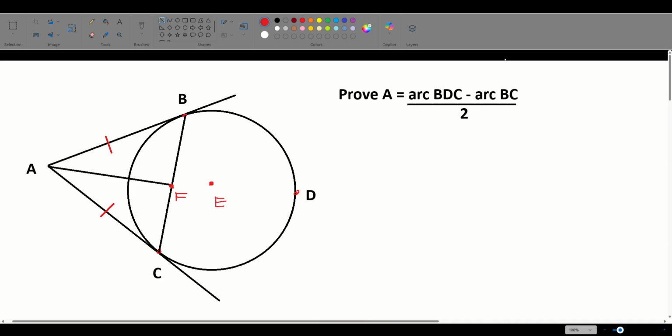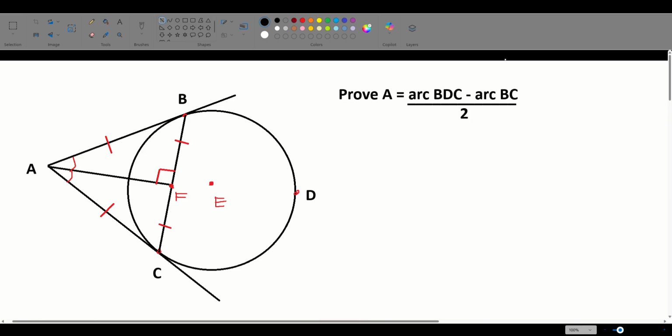Because there are two congruent sides. Since this is the height of an isosceles triangle, angle A is bisected into two congruent angles, and it is perpendicular to BC, and it bisects BC into two congruent segments.